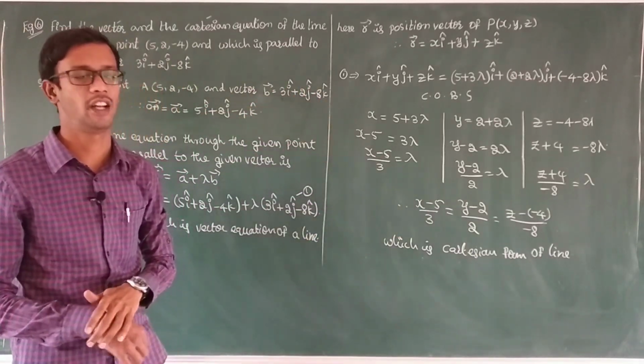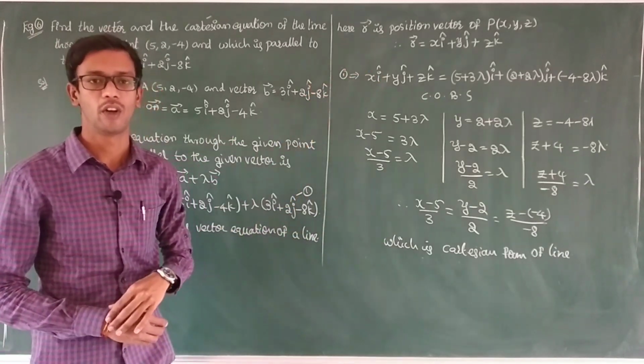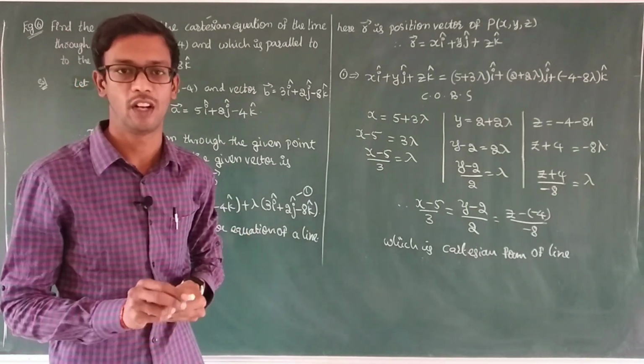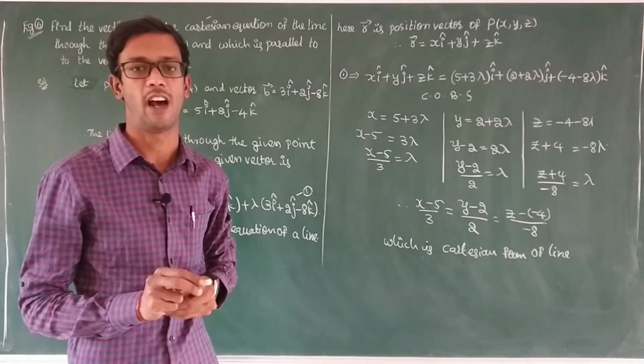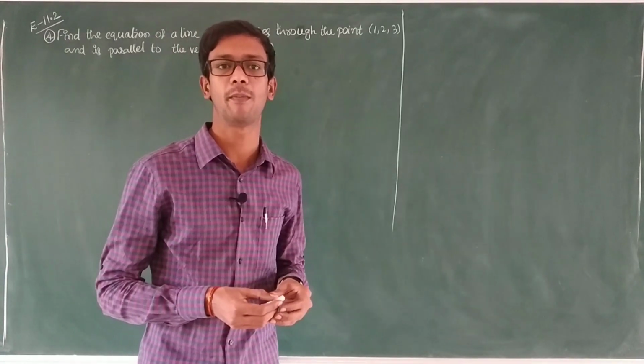This is the Cartesian equation. You can write it directly, or otherwise by simplification also. So this is one example based upon a line equation passing through the given point and parallel to the given vector. Next, we will solve similar problems.